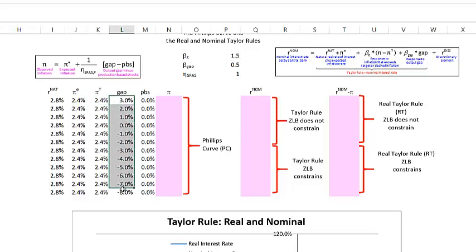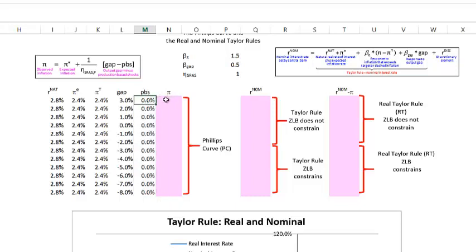Now here we have a range of output gaps, from a high output gap of 3%, and we go down, down, down, down, down, to a very low output gap, a negative output gap, a severe economic downturn of minus 8%. And in this column we have shocks to the short-run aggregate supply curve, what we call production-based shocks, PBS, but we're going to keep these constant.